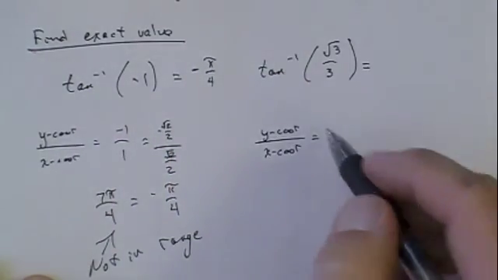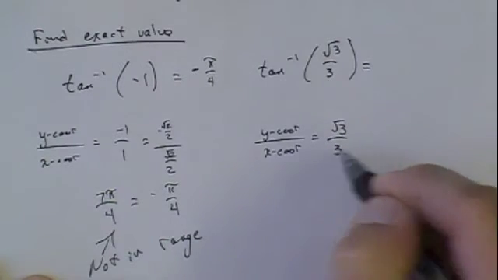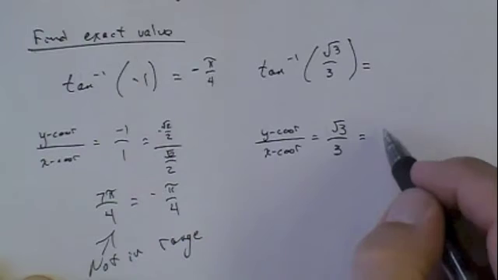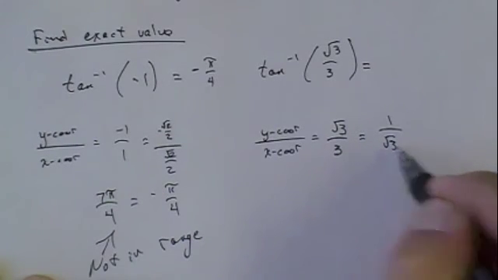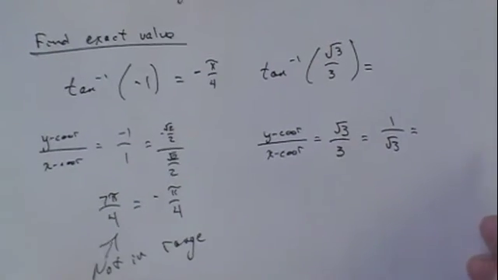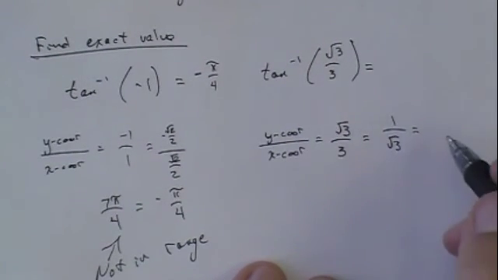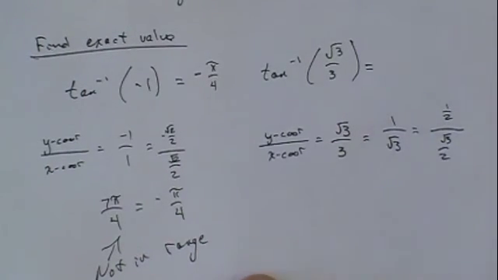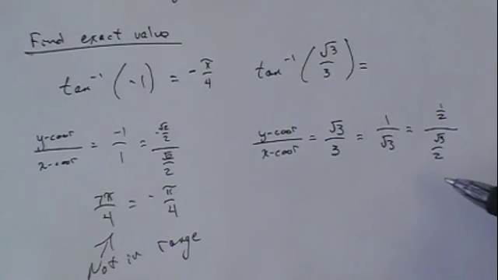As far as square root of 3 over 3, we would want to rewrite that as 1 over the square root of 3. That gives us values of, if we're kind of undoing our work as we go here, maybe 1/2 for our y coordinate and square root of 3 over 2 for the x coordinate would simplify and give us this value with our rationalized denominator.